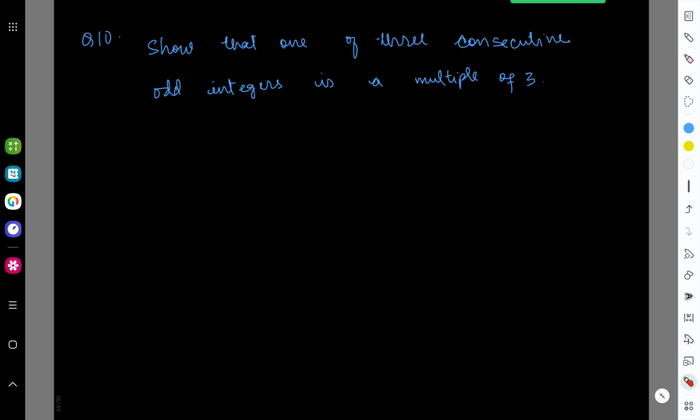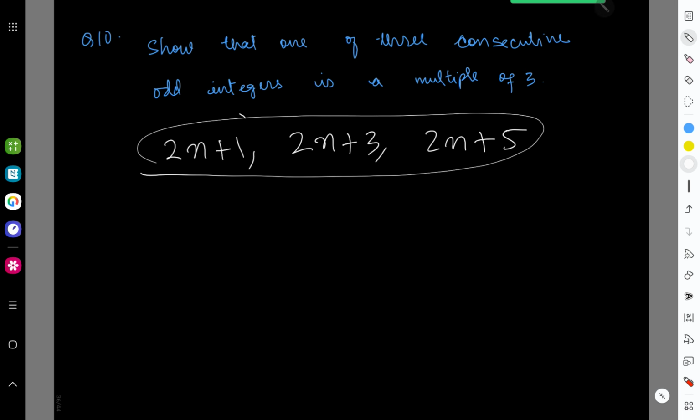Show that one of 3 consecutive odd integers is a multiple of 3. So 3 consecutive odd integers. That means we have to use the general form 2n plus 1, 2n plus 3, 2n plus 5, and we have to show that out of these 3 consecutive odd integers, at least one of them is a multiple of 3.